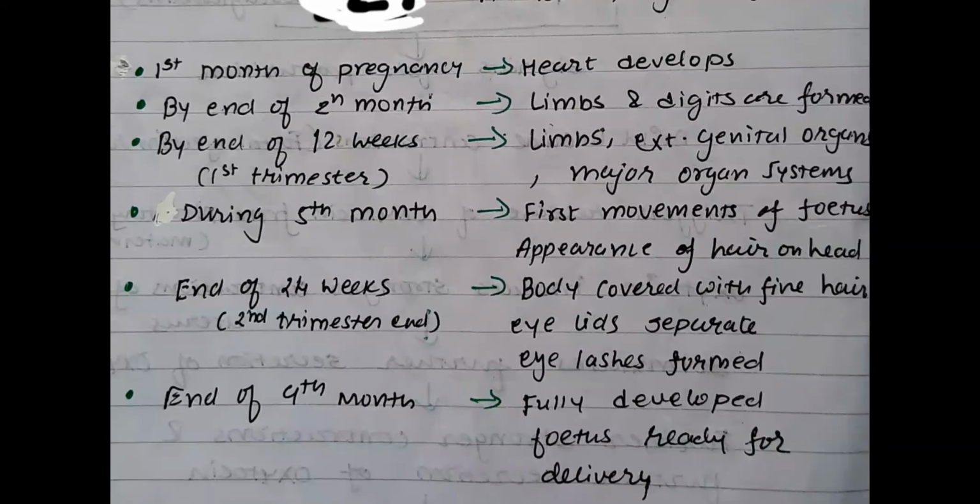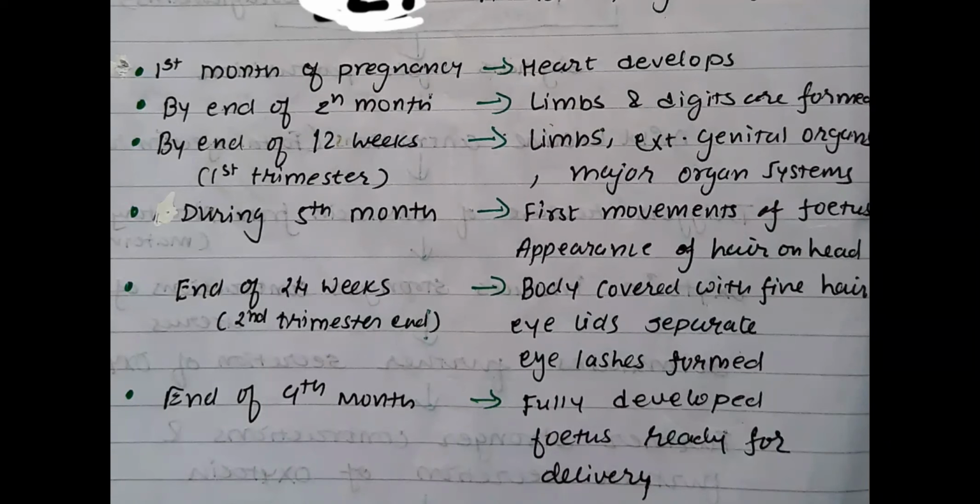Well, we all know that pregnancy lasts for 9 months. If you consider it in terms of clusters of months, the first 3 months are called the first trimester. The next 3 months are called the second trimester. And the last 3 months are called the third trimester.